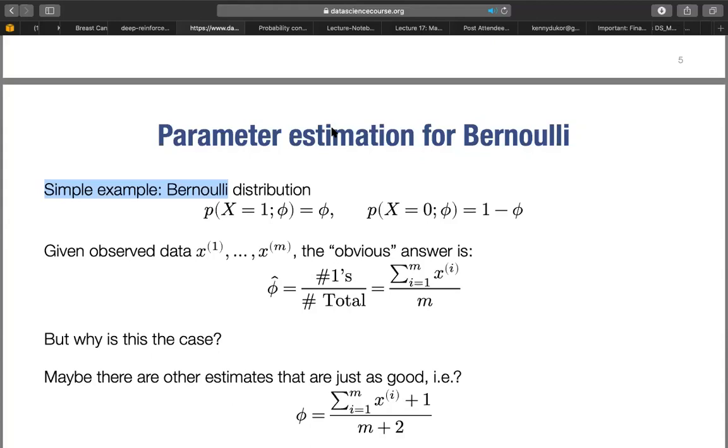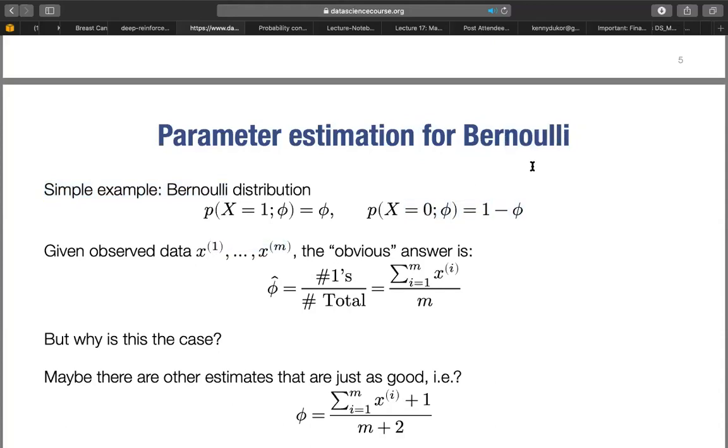We know a coin has heads and tails, and if you toss the coin once, the probability of having a head is maybe 1/2, or the probability of having tails.